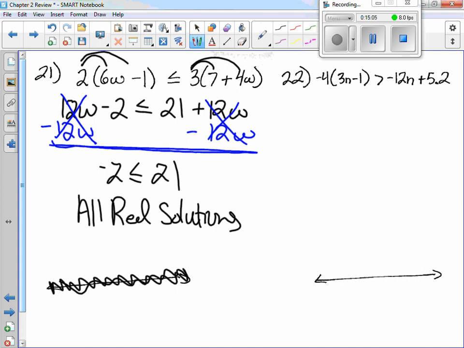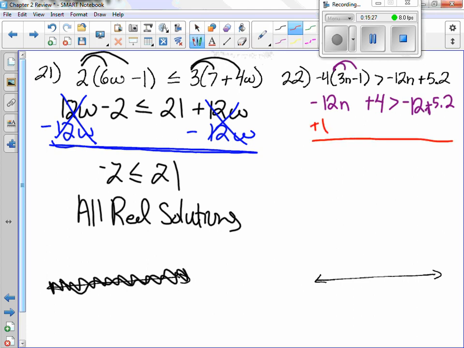Now we can do the same thing on this other side and multiply both sides through by negative 4, which would give us 3 times negative 4 is negative 12. Negative 4 times negative 1, a negative and negative make a positive, 12n. And to do the same thing, I would add 12n to get n on the same side.